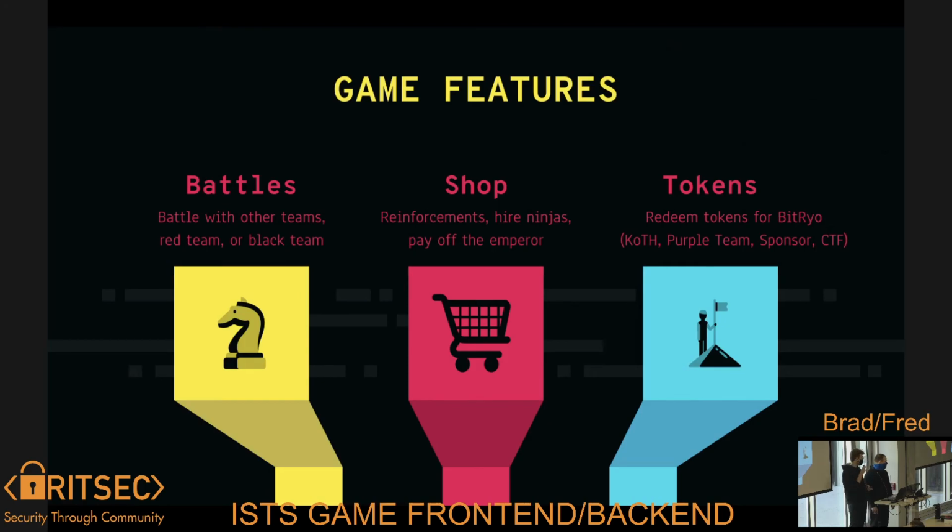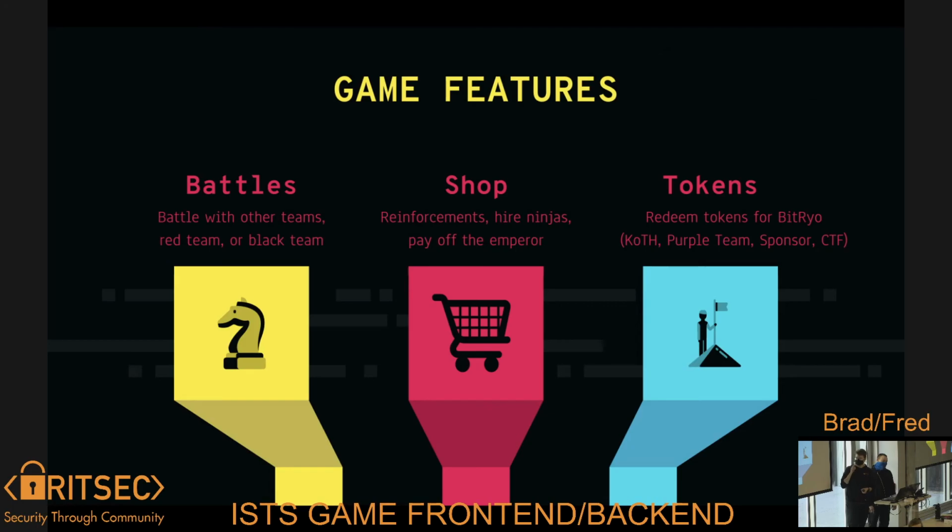Essentially, the map was divided up into territories for each team, and teams could battle each other with troops that they gain over the course of the competition. There's an in-game currency where you can purchase troops and other things at the shop, such as hiring a red team member, rebooting a box, etc.